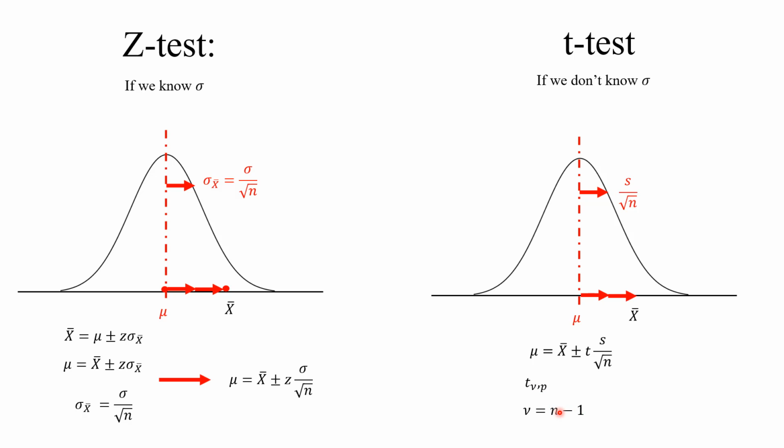As the number of data points gets higher and higher, the t-value gets close to the z-value. If you remember that number 30, if the number of data points is higher than 30, the t-value and z-value would be close. In statistics, they say that if the number of data points is more than 30, you can use the z-value.